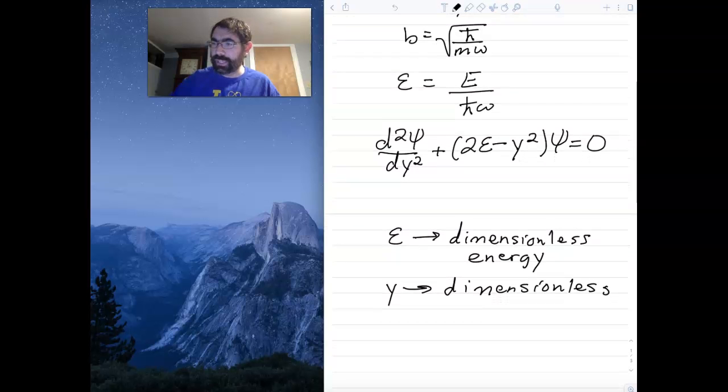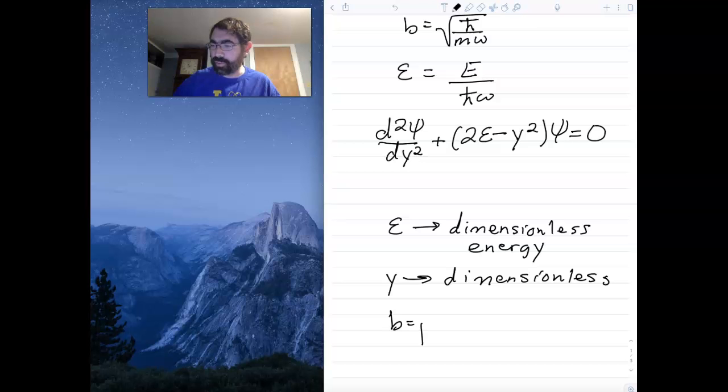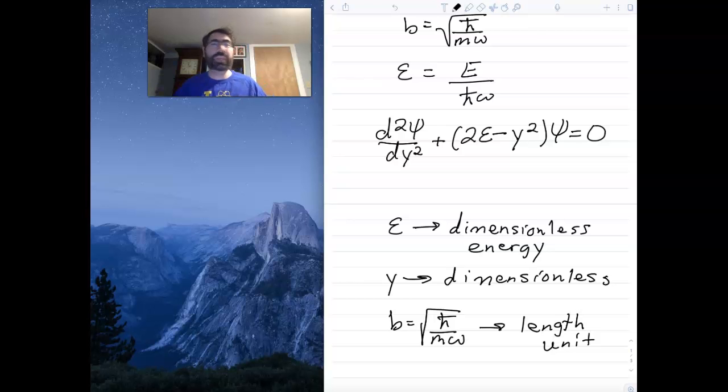Because if we look at b, the square root of h bar over m omega, and if we work this out, this gives us a unit of length. So b is now carrying the length unit with it.